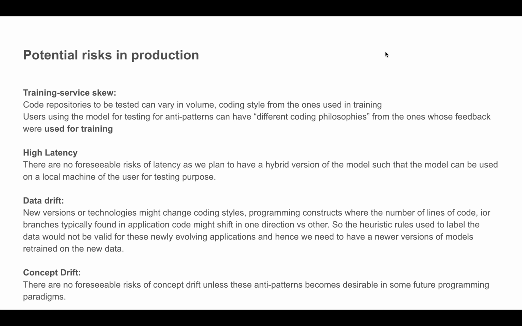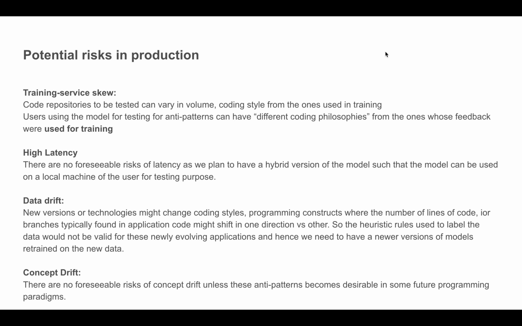So we need to incorporate these newly evolving and changing coding paradigms, styles, programming languages to retrain our model in order to ensure that it accurately detects the anti-patterns.